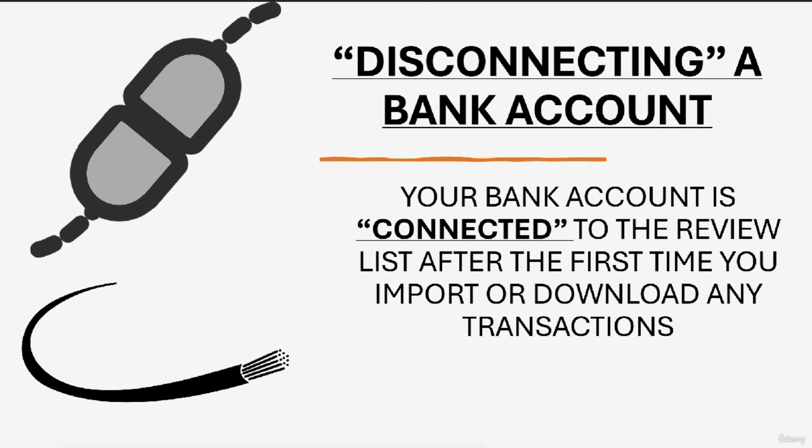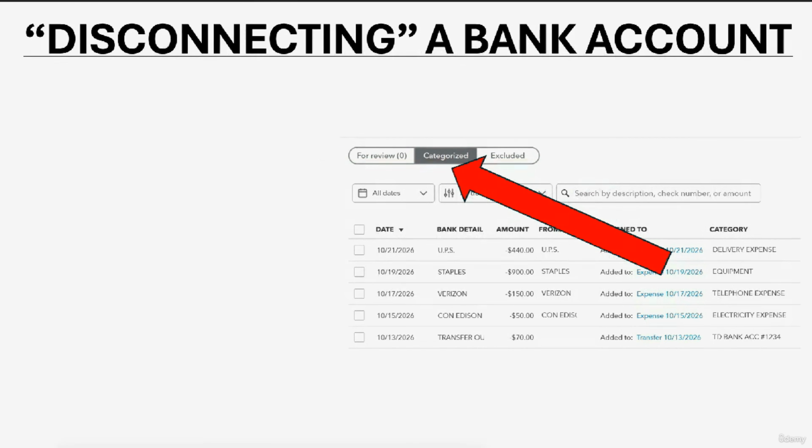Your bank account is connected to the review list after the very first time you either imported or downloaded any transactions into that particular account when using the review list and the bank feed center.